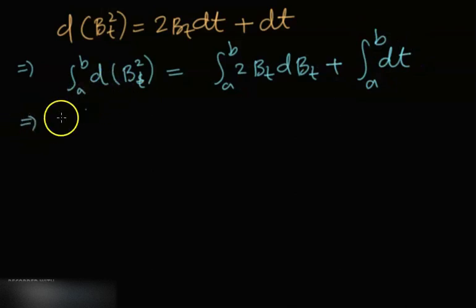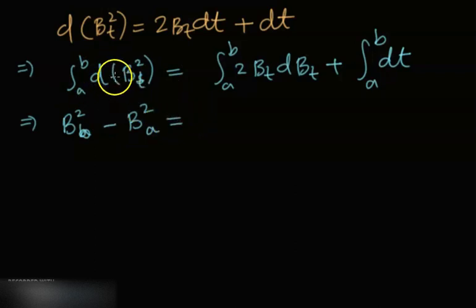And now this left side gives me B_b squared minus B_a squared. This is just how the differential and integral behave. So this differential goes away with this integral in a rough and informal way.